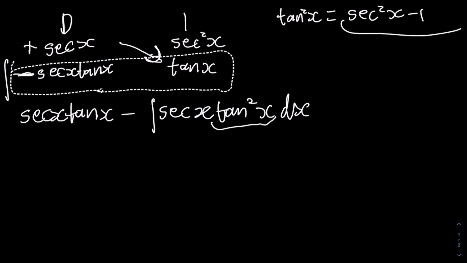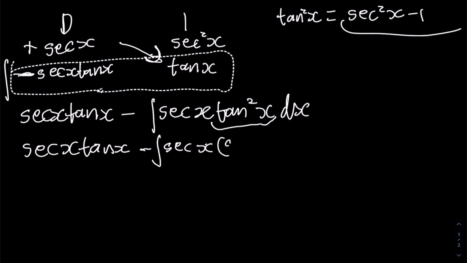So we just get secant x tangent x now, minus the integral of secant x, and we have now in brackets secant squared x minus 1. So we can distribute this bracket, each term.